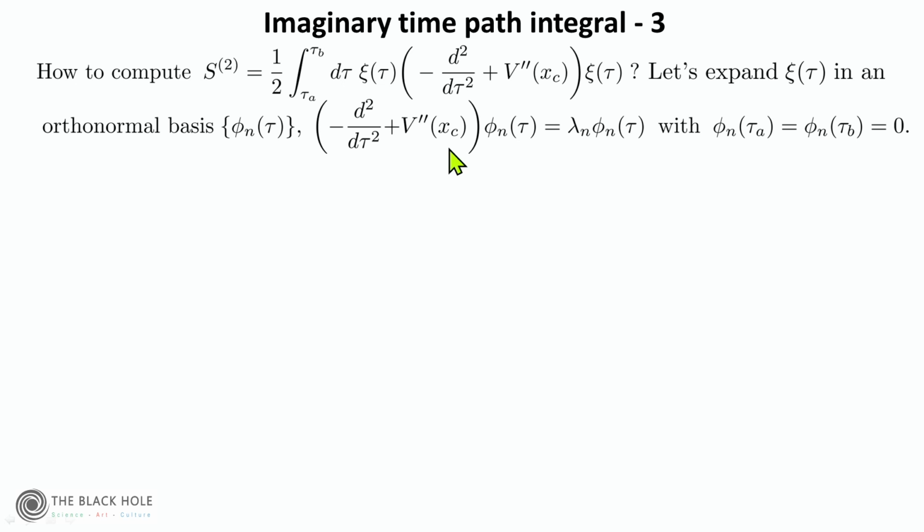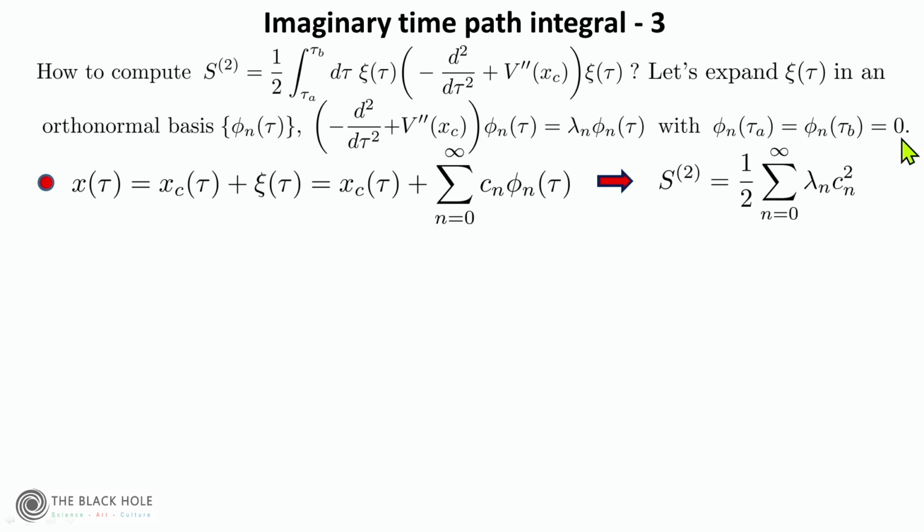I don't have to do it, but it makes it possible to go on with the analysis. So phi is an eigenfunction of this operator obeying the correct boundary conditions. That is to say, at the initial point and at the final point, these functions are zeros. Okay, so that says that x, which was xc plus xi, has been expanded this way.